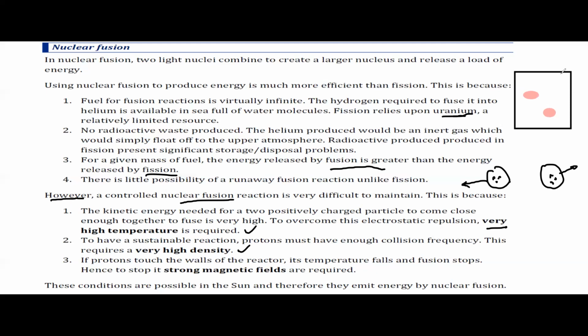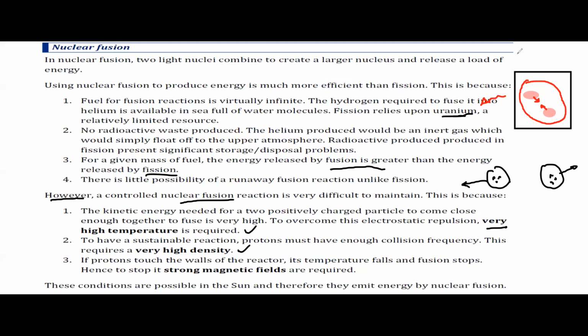We apply a magnetic field so that these particles do not collide with the wall and stay away from it. Why? Because if they come in contact with the wall, they lose their energy to the surroundings without undergoing fusion, which leads to no fusion. So for the confinement of the plasma, the fuel for the nuclear fusion reaction, we need a very strong magnetic field.